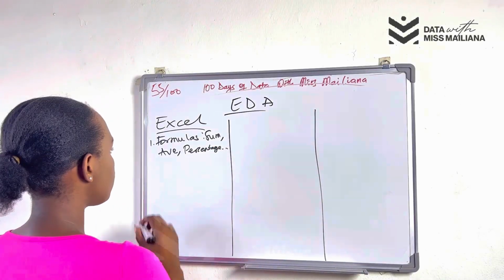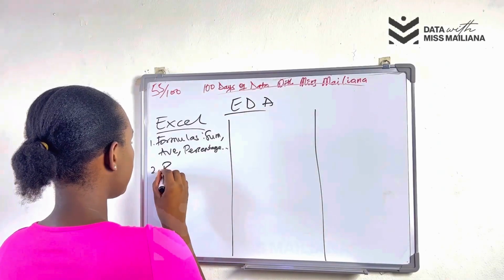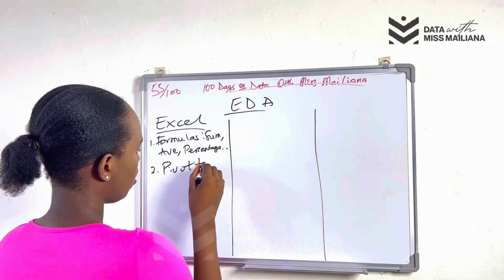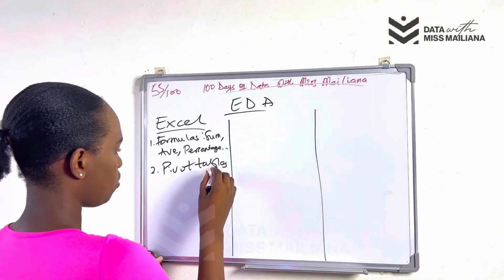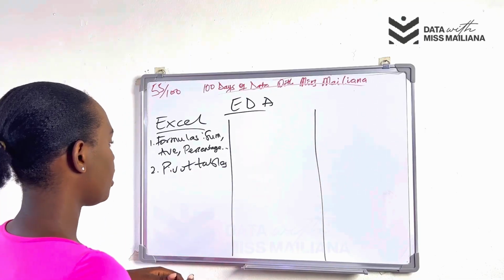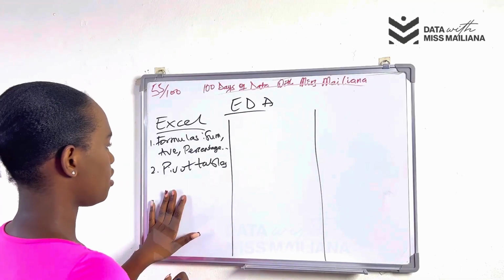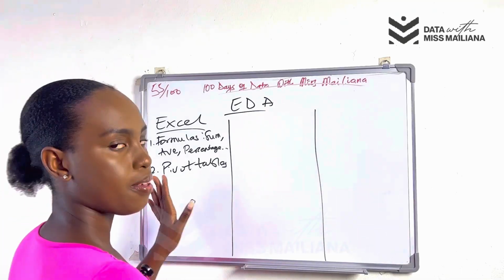So use formulas. The second one, which is my favorite, would be pivot tables. Pivot tables will help you with your EDA as well. I think this will be what I'll give you for the beginning.